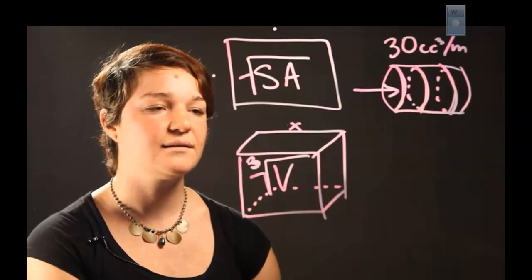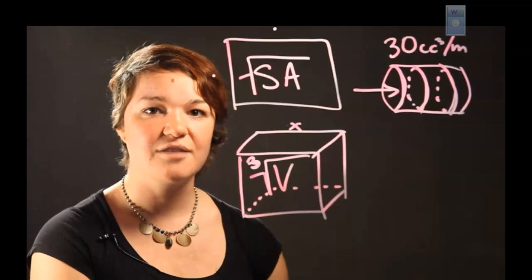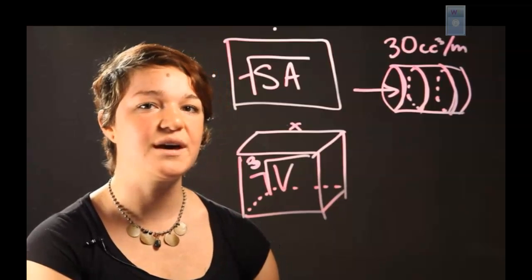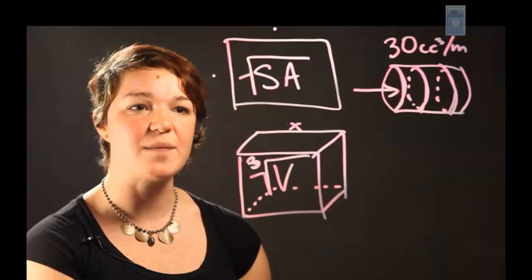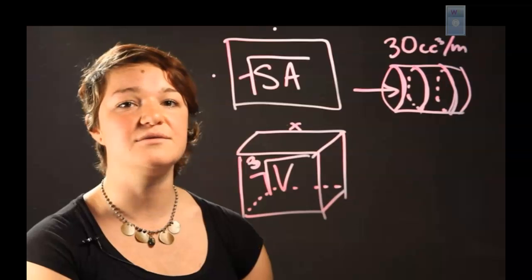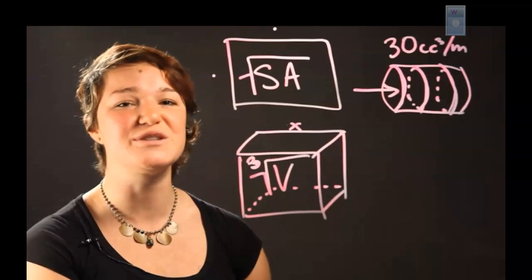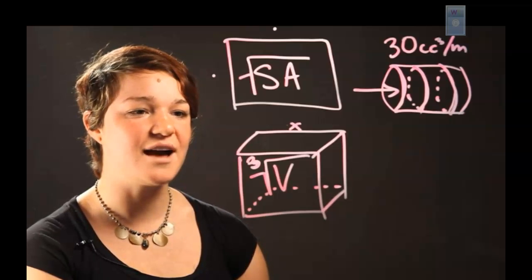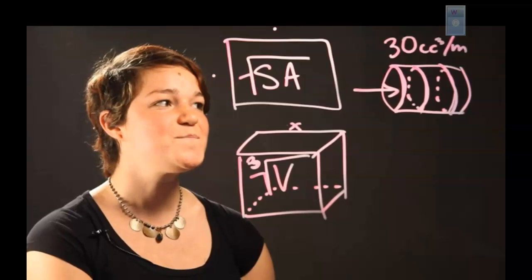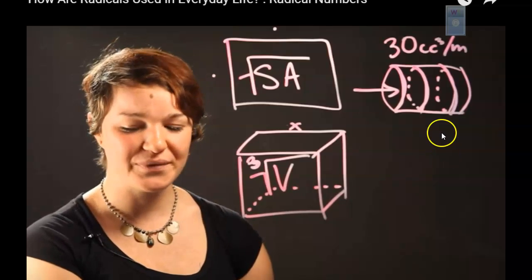So finally, I can leave you with this little number, and that is that the radicals are used in everyday life because our cells and everything in nature is pretty much made up with the concept of the Fibonacci sequence, or the golden rule, and that is that everything in life is made up with the 3/4 power rule.